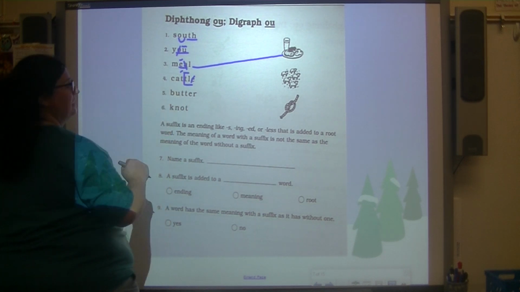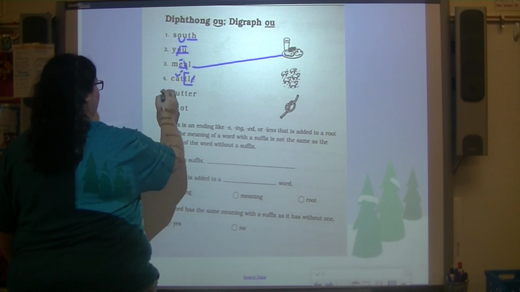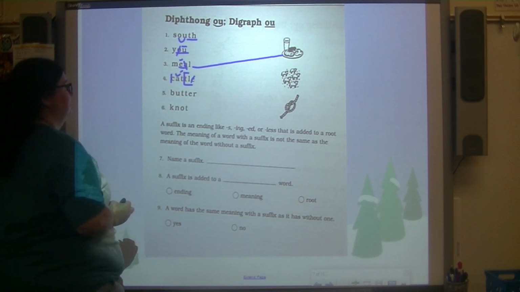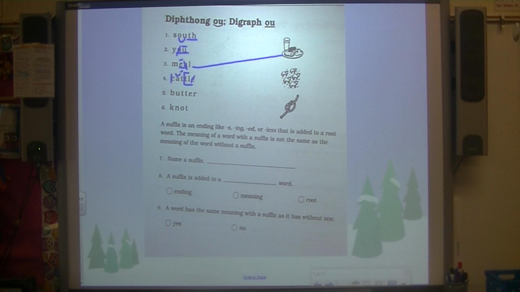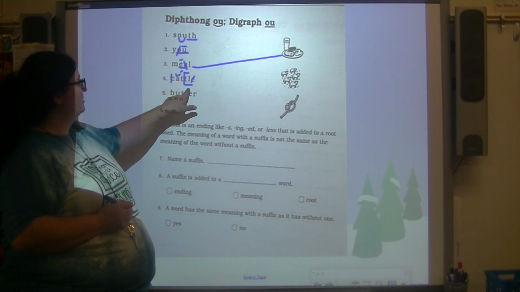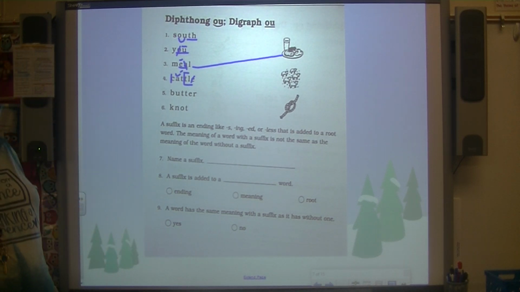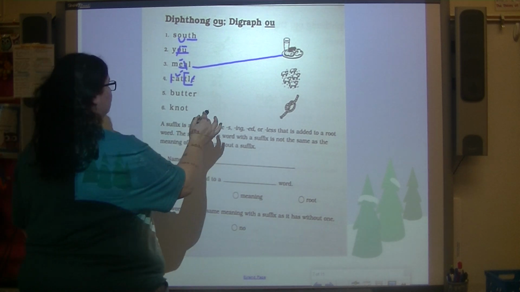Vowel followed by a consonant is short. And that C is needing a K back. Cattle. What word? Cattle. What are cattle? A group of cows.